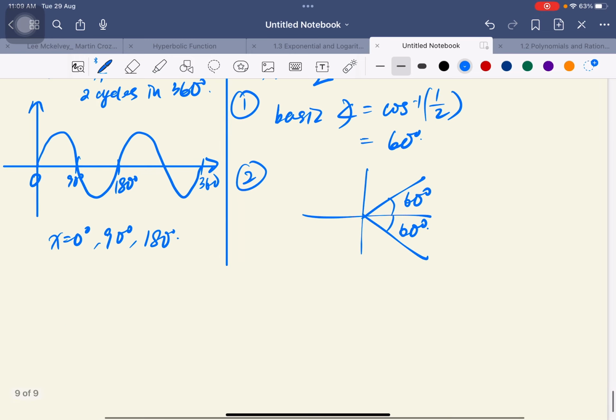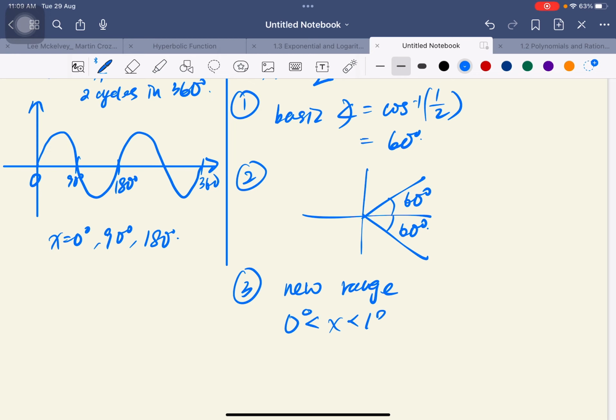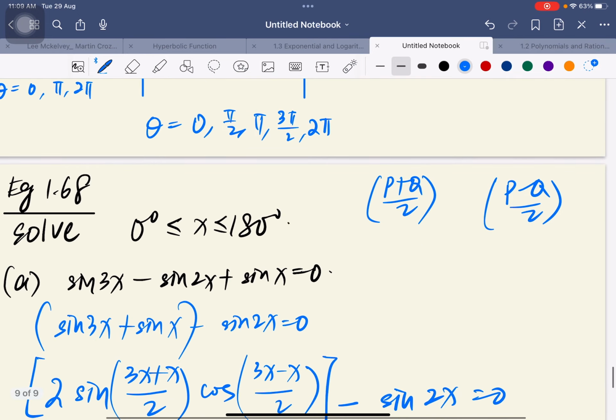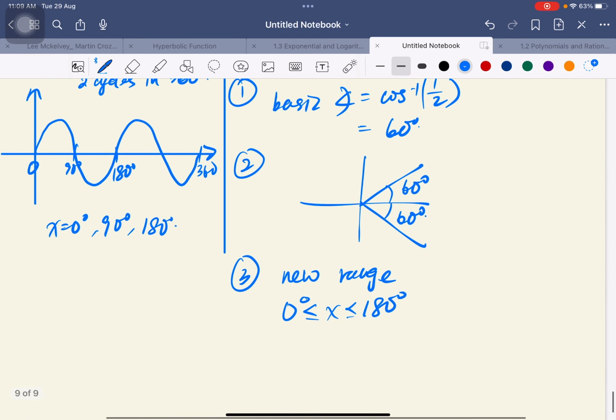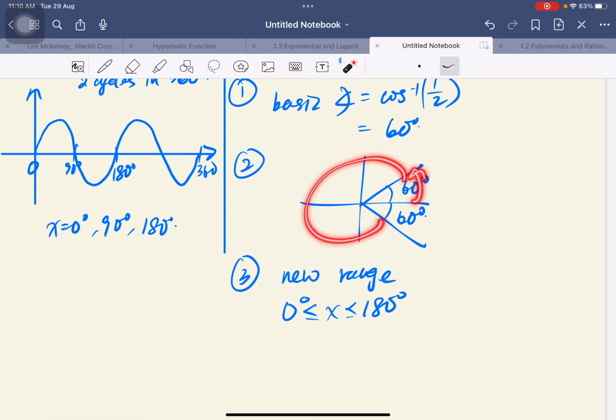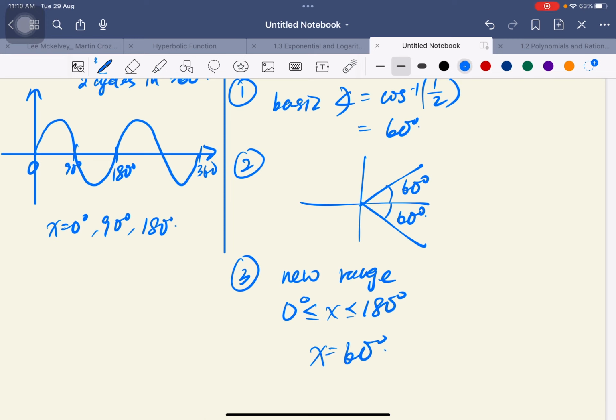The range given by the question is 0 to 180, so we follow the question. We only take this one, because the other already exceeds 180. So the answer is x equals 60.